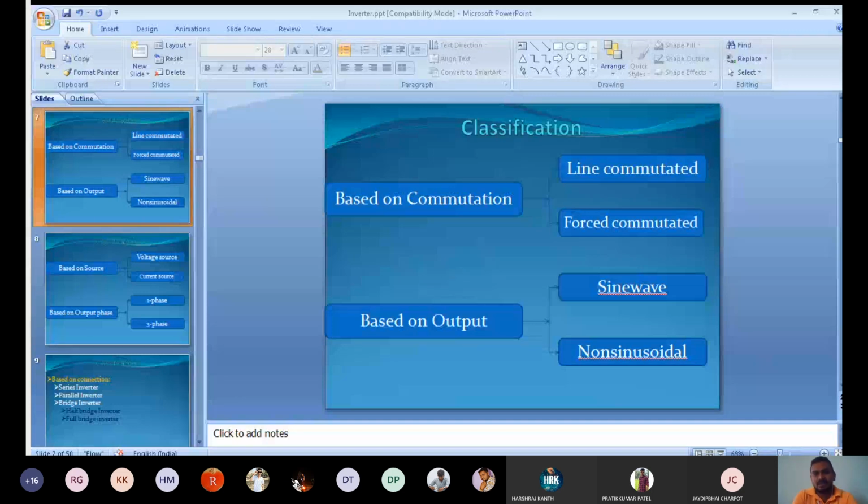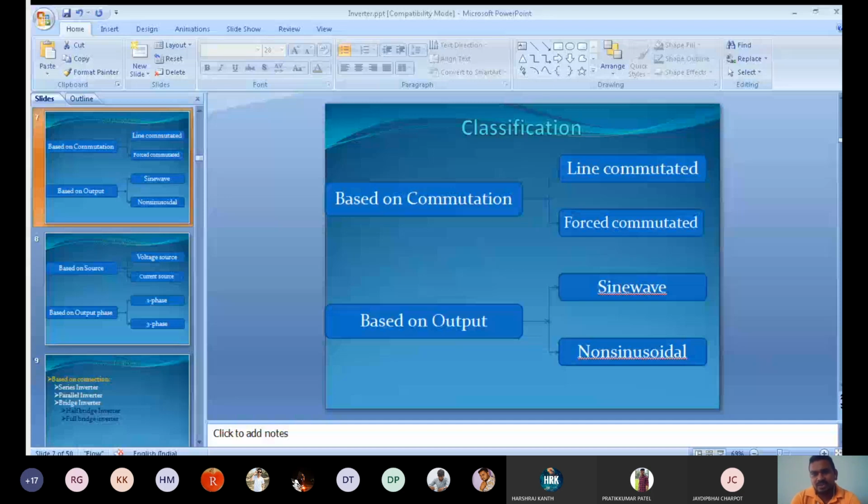Suppose we are using the SCR in an AC system. Simply assume that there is one circuit. An AC source is there and a load is there. The AC source is connected to the load through the SCR. Understood? One load is taken and an AC source is taken.